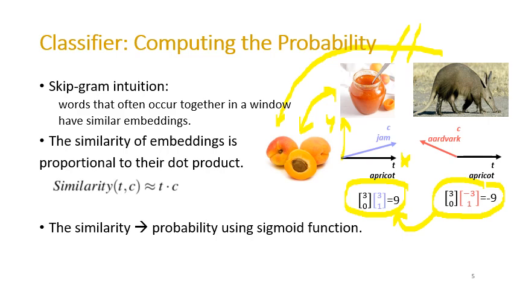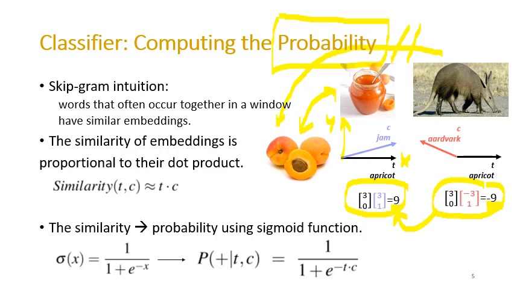Now, when you have the similarity, the value ranges from minus infinity to plus infinity. But what we want here is a probability. How can we convert numbers into probability? If you remember our discussion about logistic regression, you can use the sigmoid function.